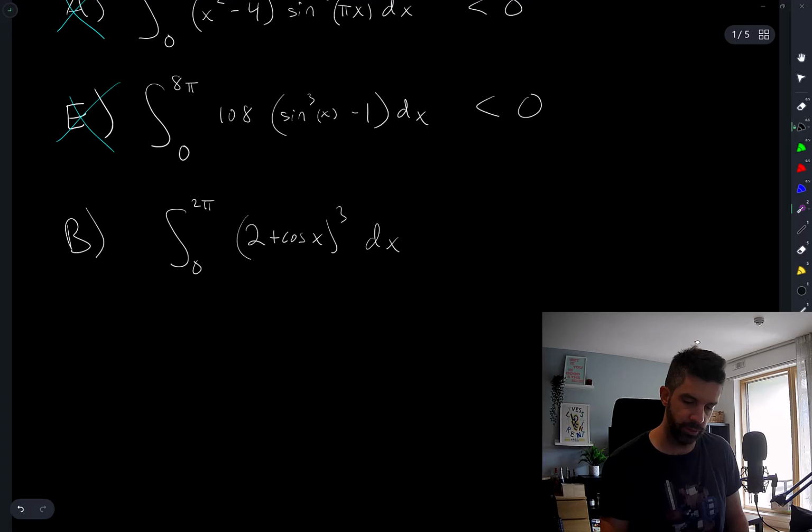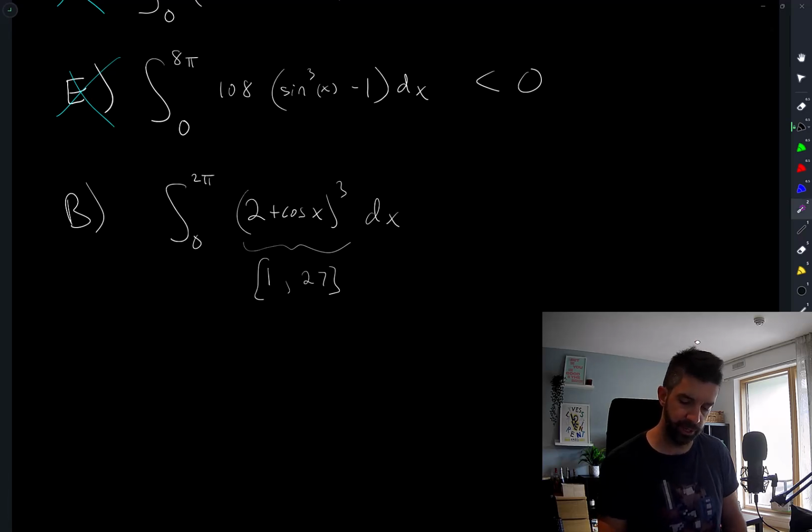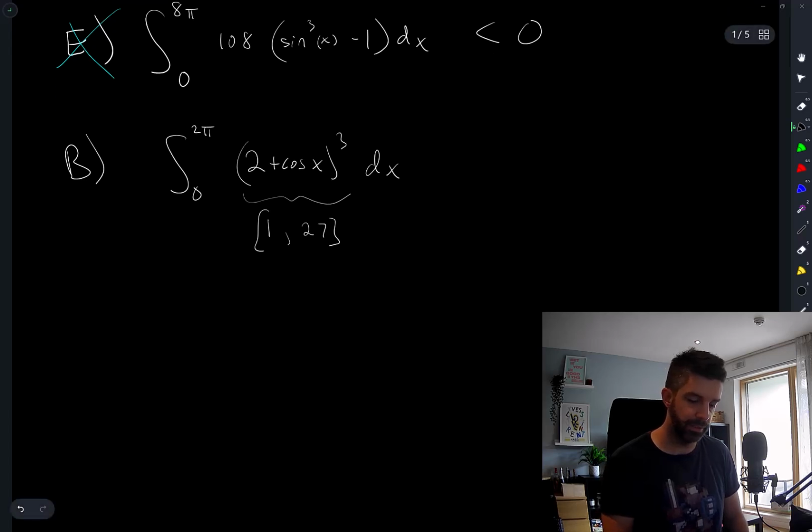So if I just look at the integrand, this is between 1 and 27. And cubing things is nonlinear, so it's not like we can just take the average of this and multiply by the length of the interval, 2 pi. But just in terms of ballpark, in terms of approximation, let's keep that in mind.